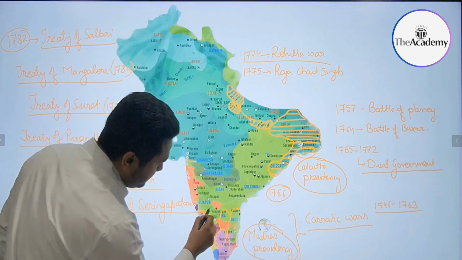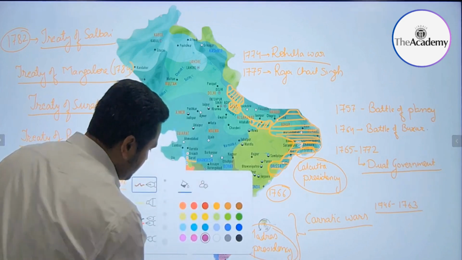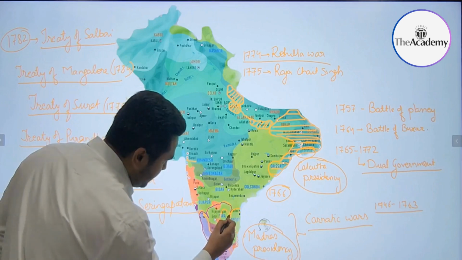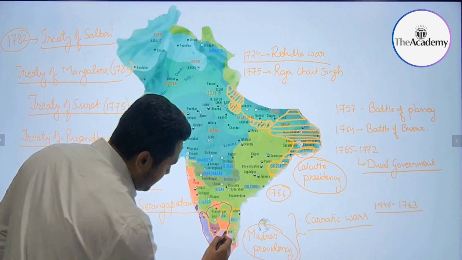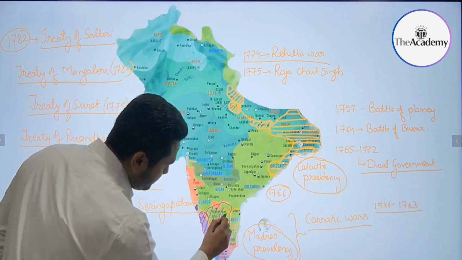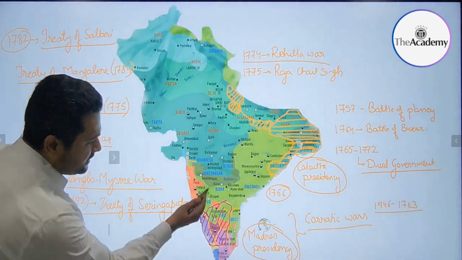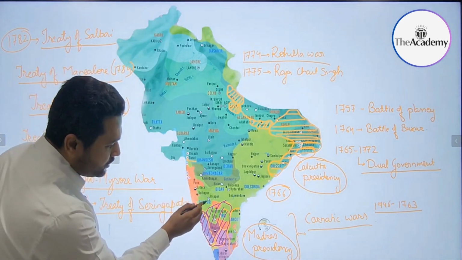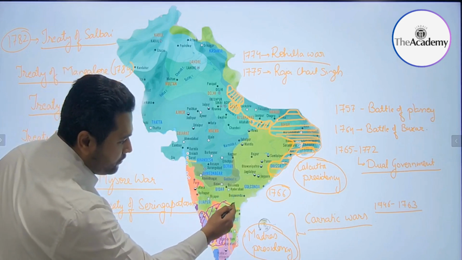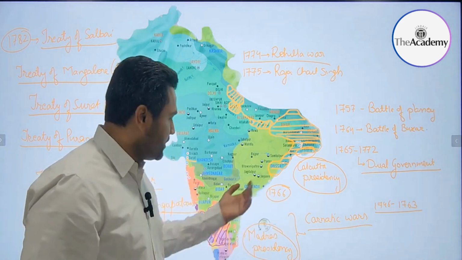So previously, this entire region belonged to Mysore. It was a strong power. It was contesting with the Marathas for the Krishna-Tungabhadra Doab, and it contested with Hyderabad for this region, the eastern coastline of the northern Sarkars.